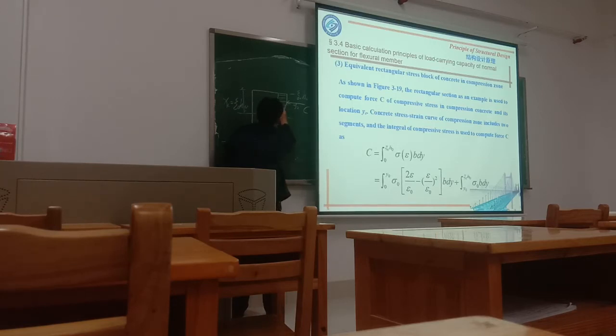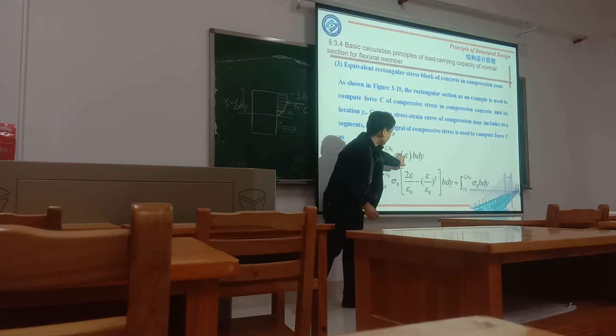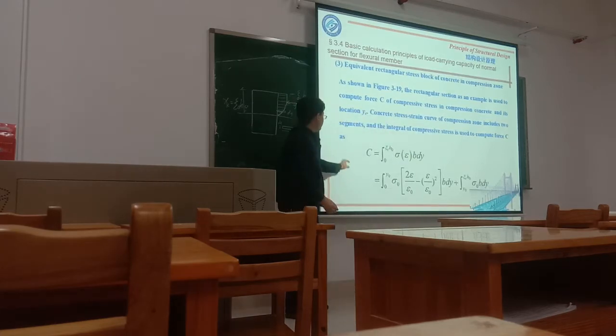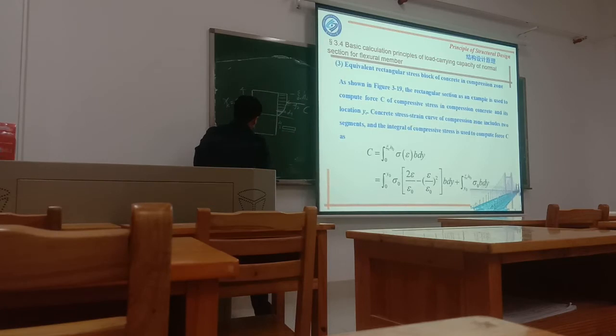The height of this short part is dy. This rectangle's height is dy, and the width is sigma of epsilon times b, because the beam's width is b.